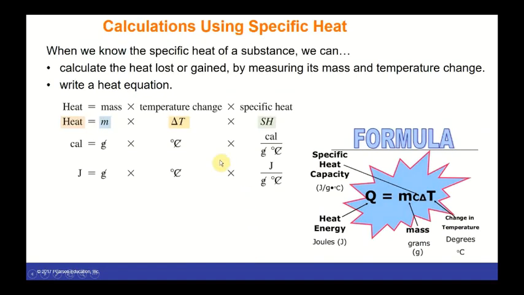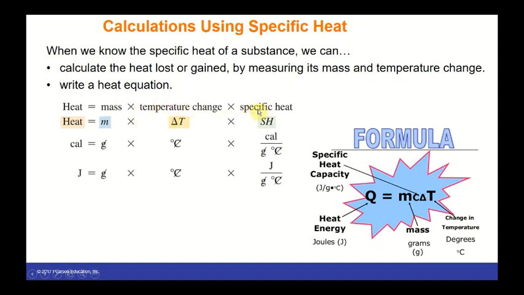So I was mentioning before that we can do all these calculations, and it's all because of the heat equation, where heat is equal to the mass of the substance in grams times the specific heat times the temperature change in Kelvin or Celsius. So we have the mass times the specific heat times the temperature change.